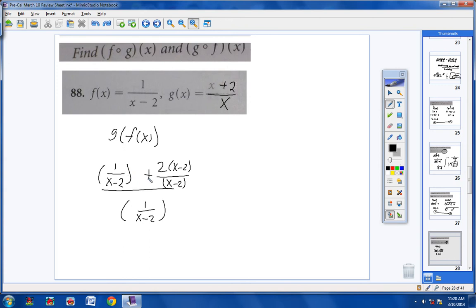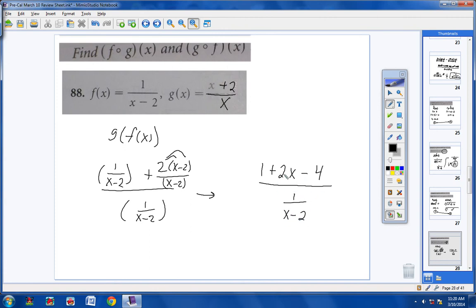So I have 1 plus, now watch carefully please, this fraction plus this fraction, 1 plus, well, I have 2x minus 4. 2 times x is 2x. 2 times negative 2 is negative 4. So I have 1 plus 2x minus 4, all over 1 over x minus 2.